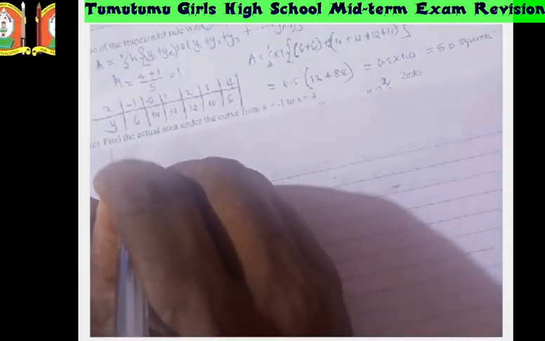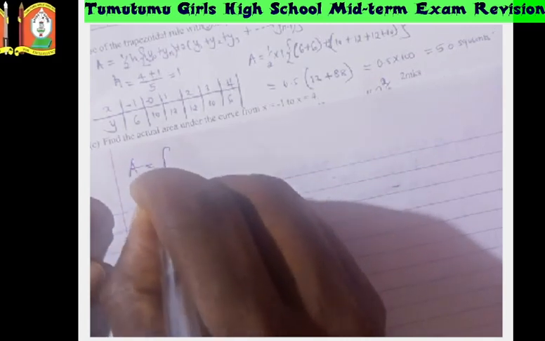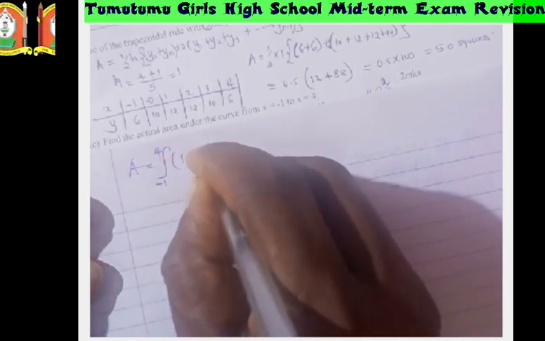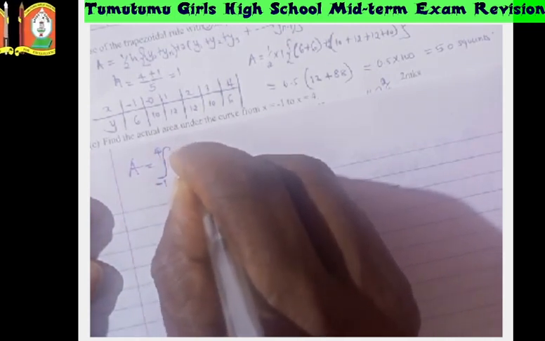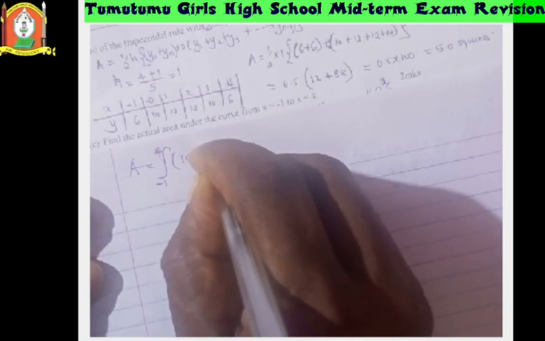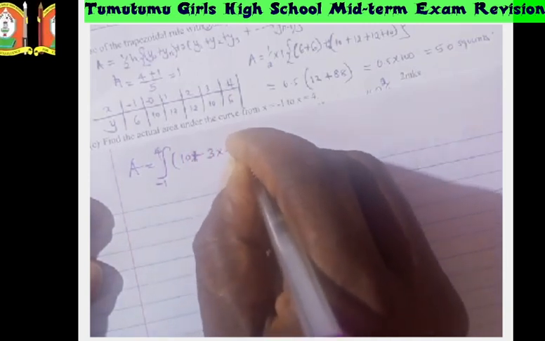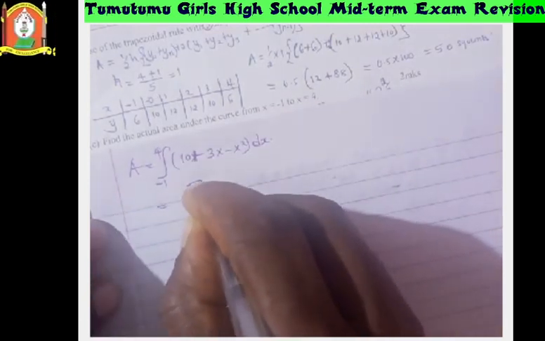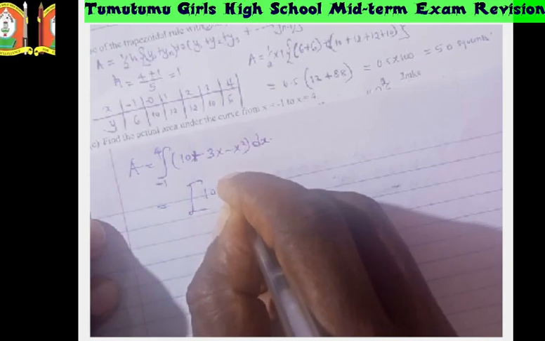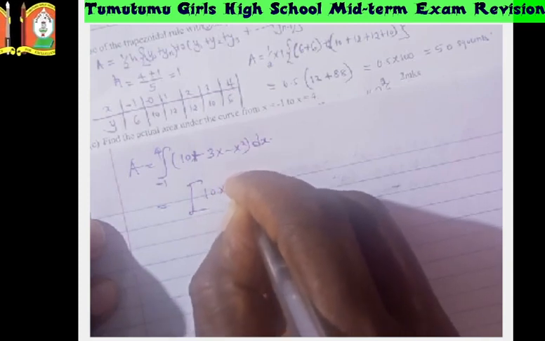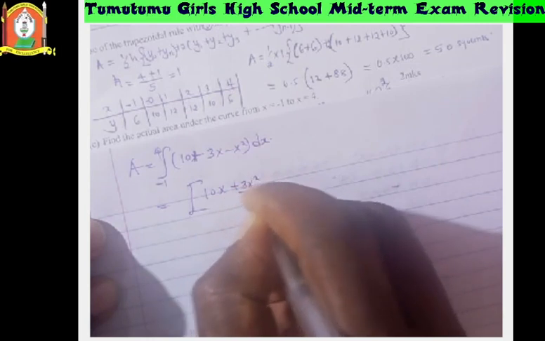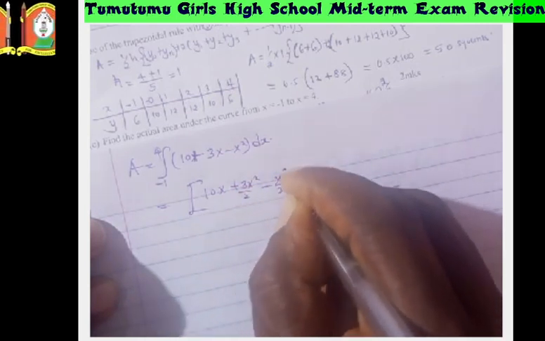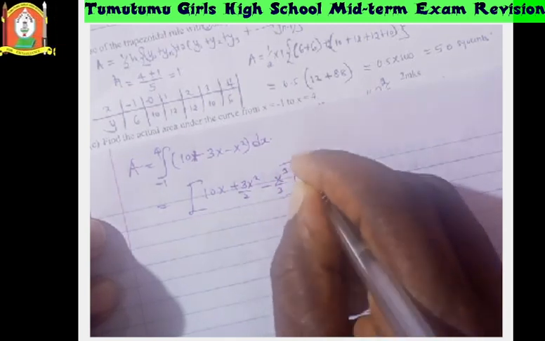So area will be equal to the integral from -1 to 4 of 10 plus 3x minus x squared with respect to x. This one gives us, on integrating, 10x plus 3x squared over 2 minus x cubed over 3, from -1 to 4.